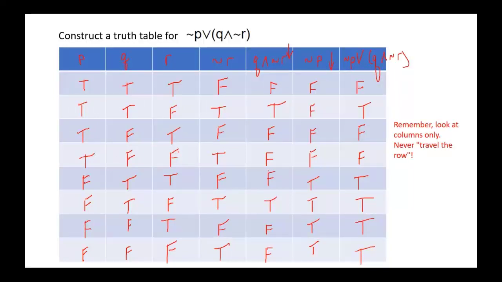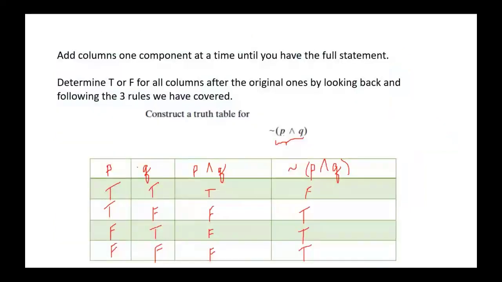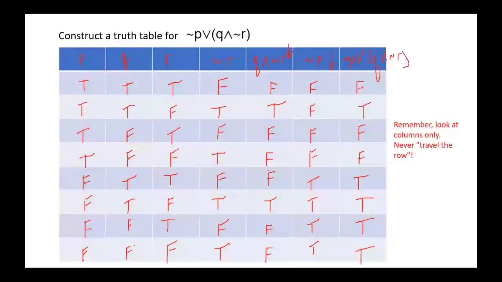And if you knew what the original cases were, then you would be able to determine what the final outcome is. So again, this is a truth table for this statement. But if you had three original statements, then the first three columns of your truth table would definitely look like this. If you have two original statements, the first two columns definitely look like this one. It's the connectives, the ands, the ors, the nots that dictate what the last columns are.